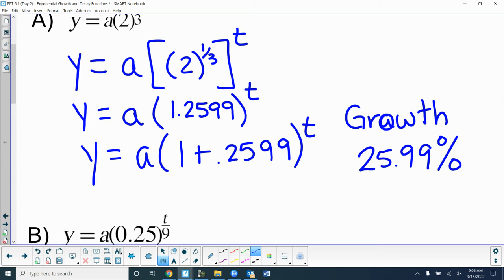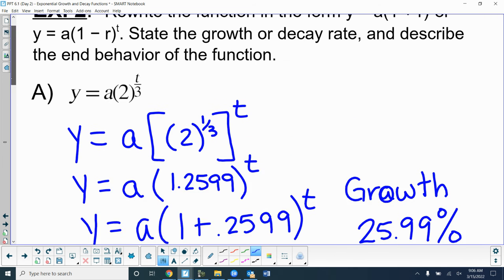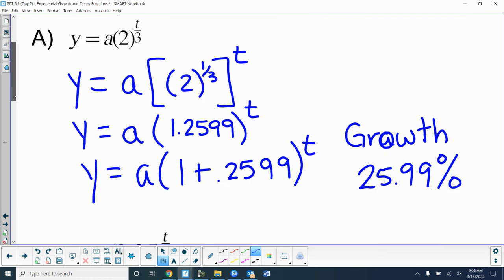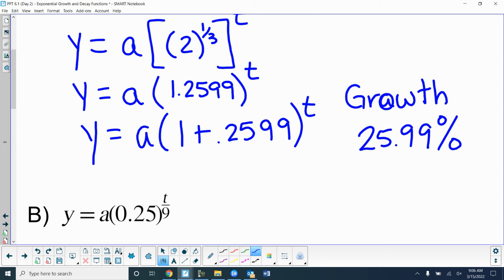Does that make sense? I broke it up as 1 plus r. The directions told us to write it as 1 plus r or 1 minus r, so that's why we broke it up. And then this is our growth rate. If it was minus, it'd be our decay rate. Make sense?